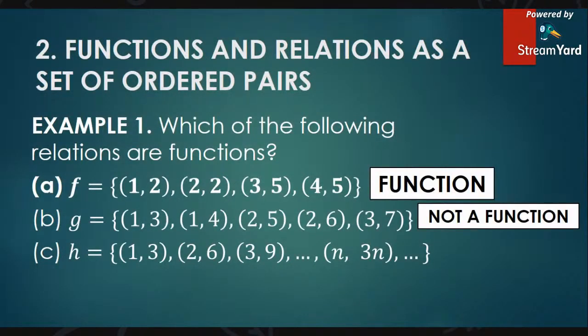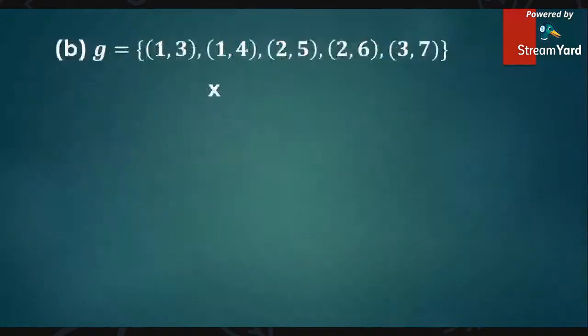So letter B, the set G: (1, 3), (1, 4), (2, 5), (2, 6), (3, 7). It is not a function. Why? Let's analyze carefully why it is not a function. Breaking it down, in the first ordered pair we have 1 and 3, so 1 produced 3.